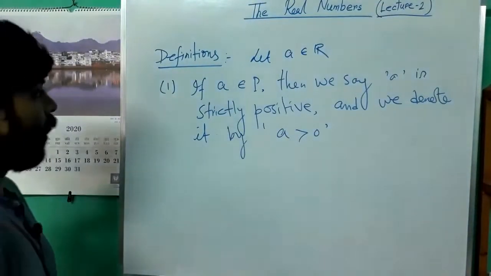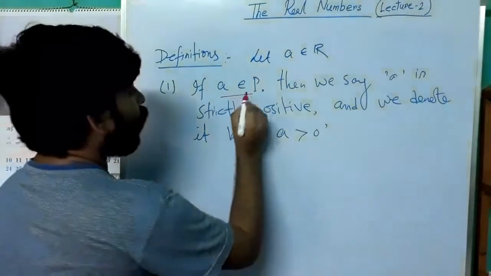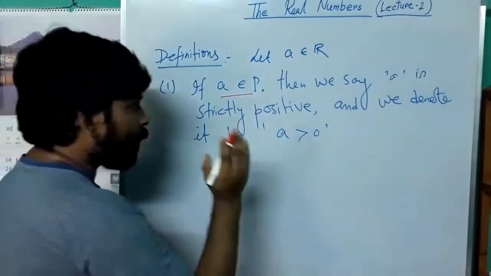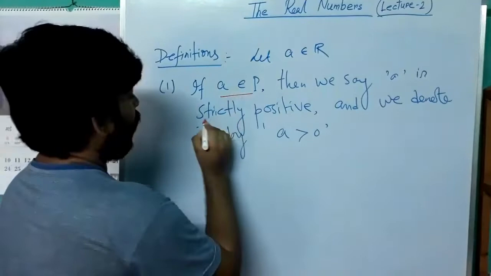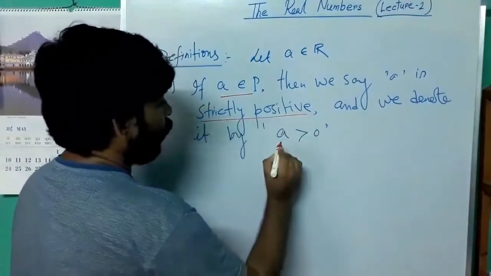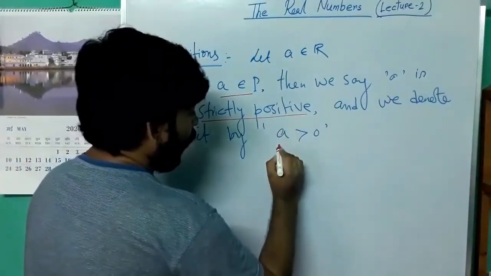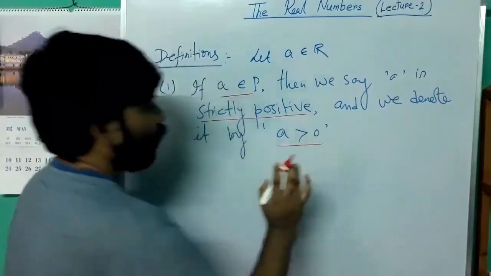That means if an element comes from the set P, then we say that element is strictly positive, and we denote it by A strictly greater than 0.